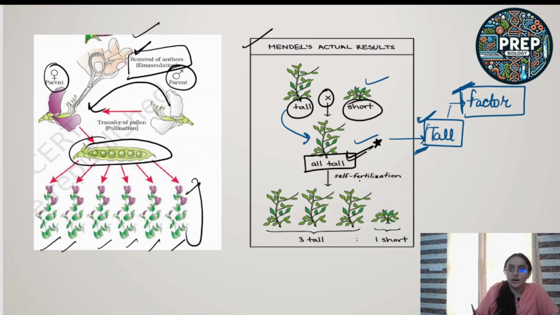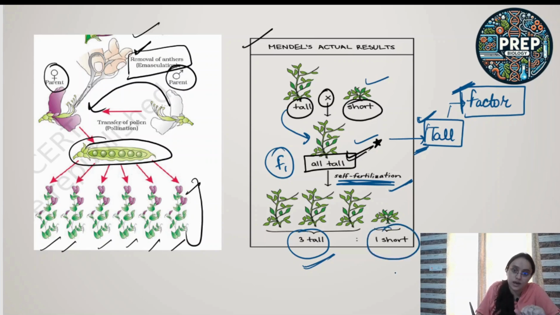But when he self-fertilized the first generation, he found that some plants were tall and some plants were short. The number of tall plants was 3 times more than the dwarf plants.